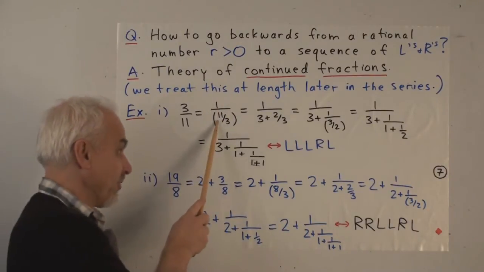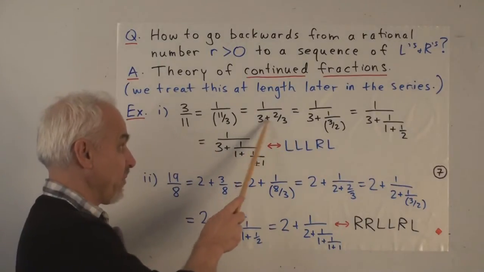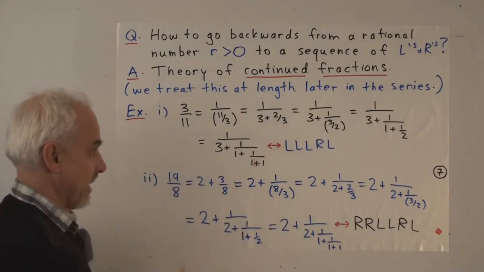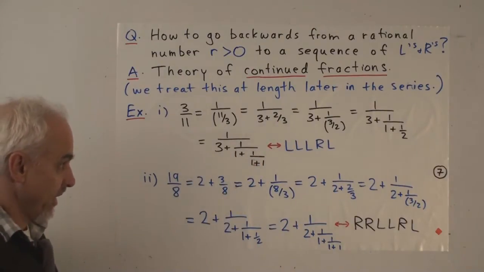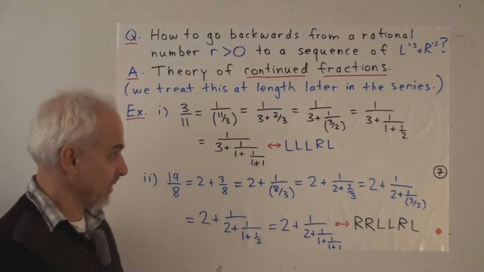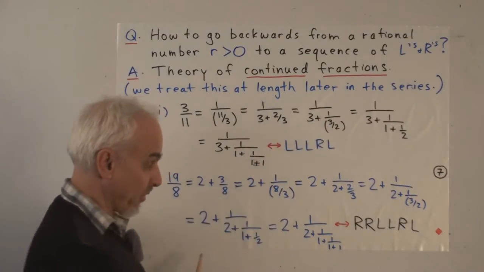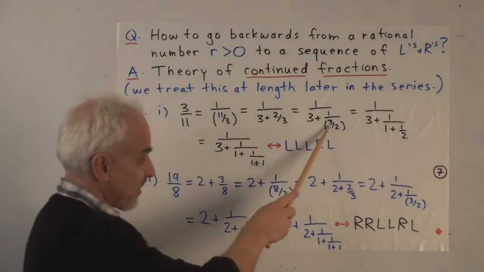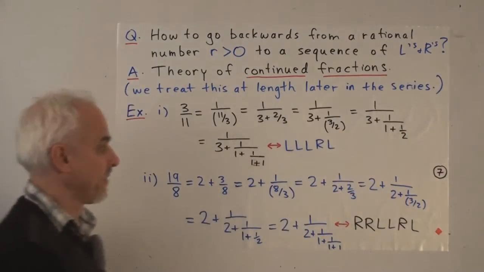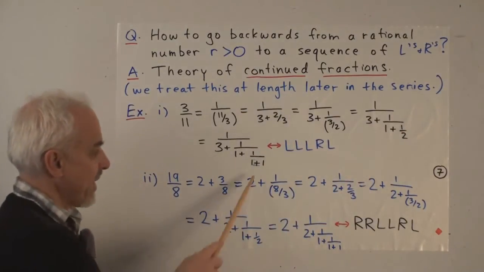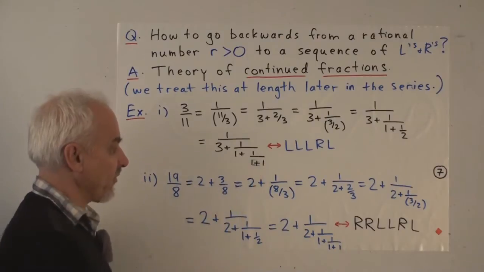And then we replace 11 over 3 with 3 plus 2/3, because that's a mixed fraction, the same as 3 plus 2 over 3. And now we look at this 2 over 3 and play the same game with that. Replace it with 1 over its reciprocal, 3 over 2, and then rewrite the 3 over 2 as 1 plus a half. And then finally look at the 1 over 2, and that 2 at the bottom can be written as 1 plus 1.